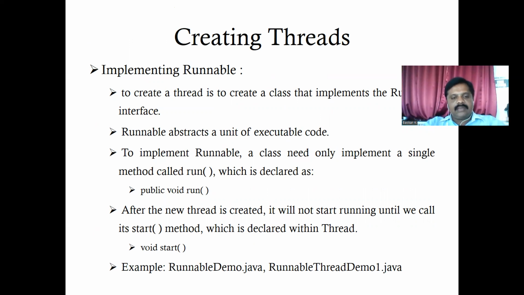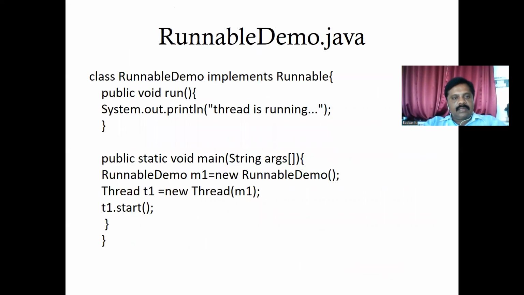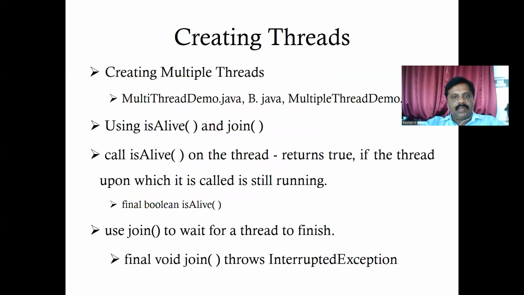After the new thread is created, it will not start running until we call its start method, which is declared within Thread. So that is void start. Regarding the implementing Runnable program, we will see it in the laboratory session as usual.